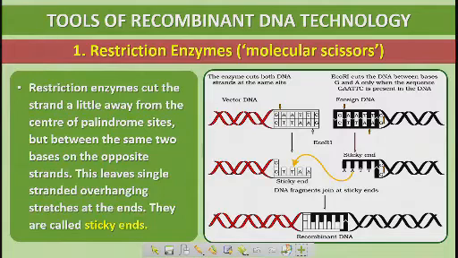Suppose this is the DNA stretch. Here are the nucleotide base pairs. So restriction enzymes recognize the DNA stretch, its base pairs, and cut the DNA in such a manner that two sticky ends are obtained.